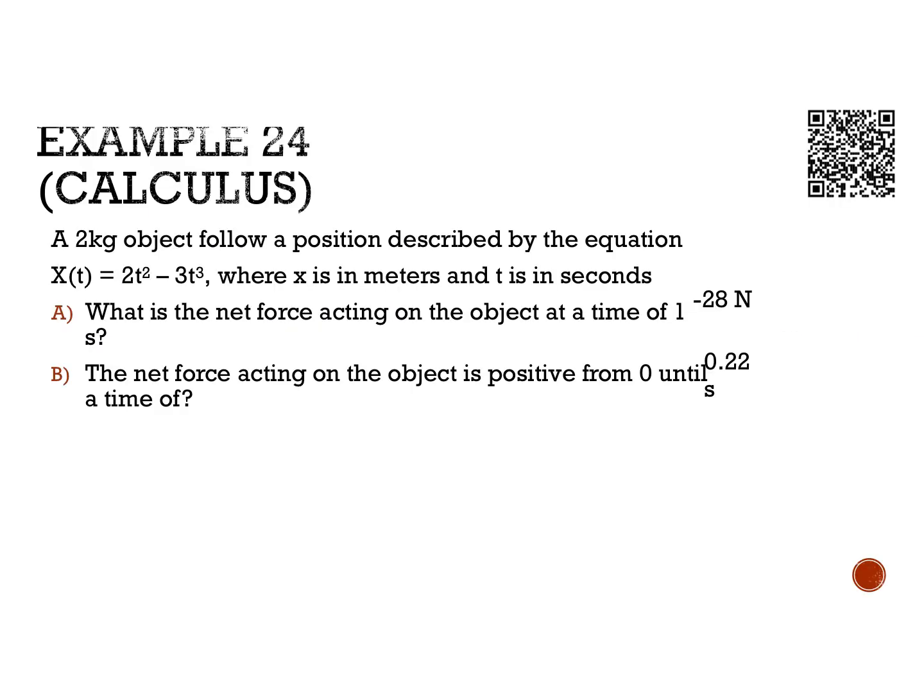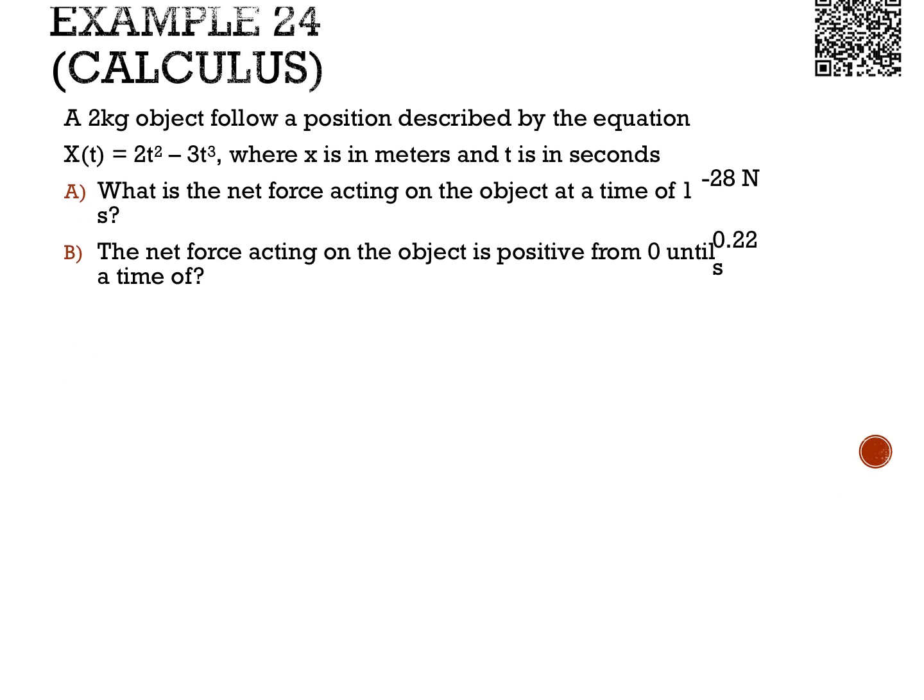All right, calculus. Now, we've got to look at calculus here. A 2 kilogram object follows a position described by the equation. What's the net force acting on the object at a time of 1 second? Well, to know that, we've got to find the acceleration, don't we? So we know the velocity with respect to time is going to be dx dt, which is going to be 4t minus 3 times 3 is 9, t squared.